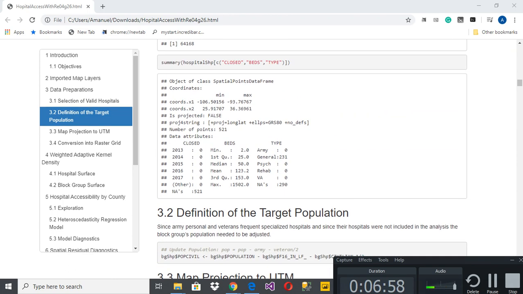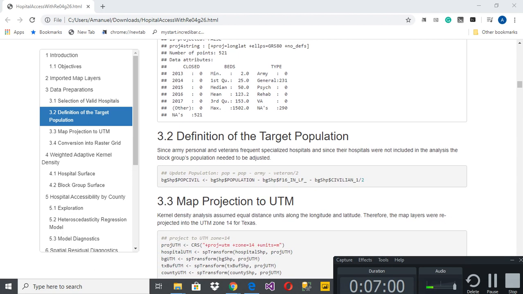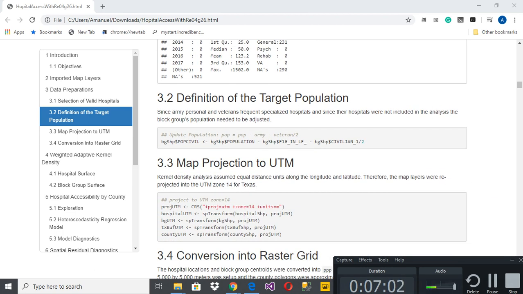This is the summary of hospitals and the definition of the target population. Since army personnel and veterans frequently visit specialized hospitals, they are removed from the population.